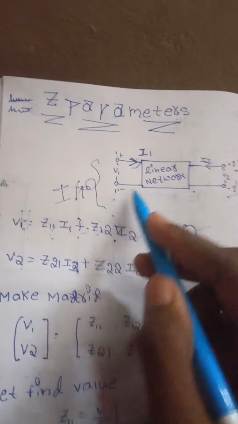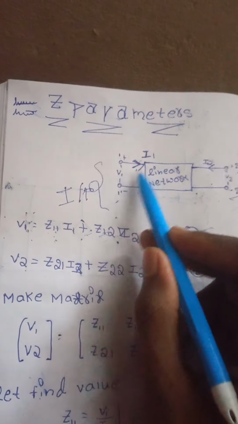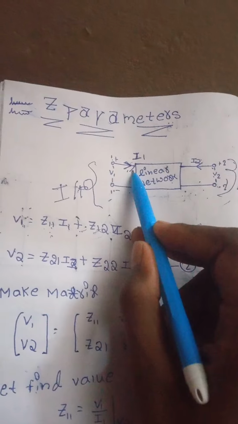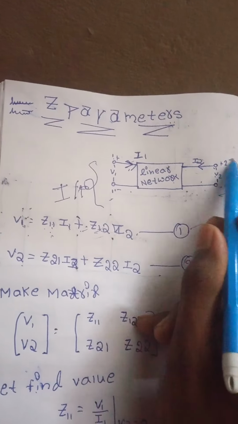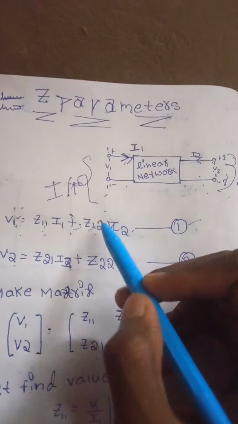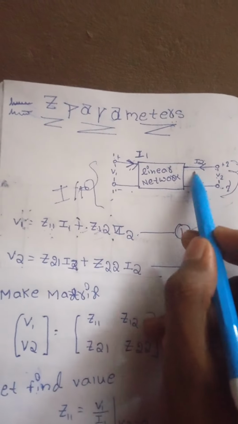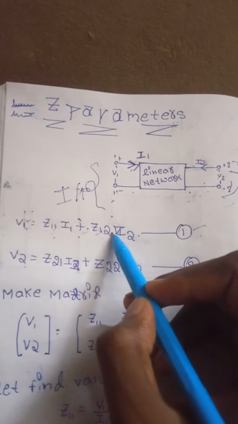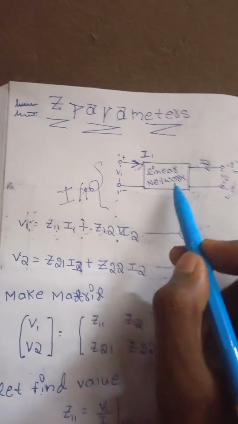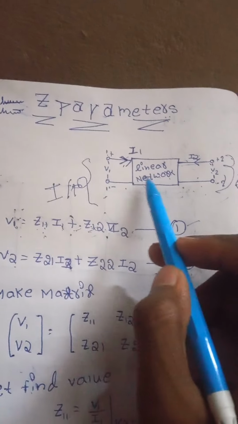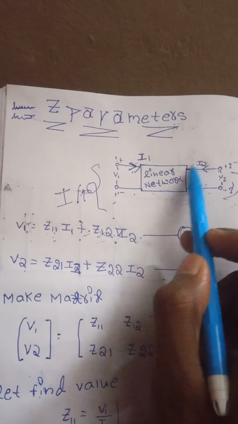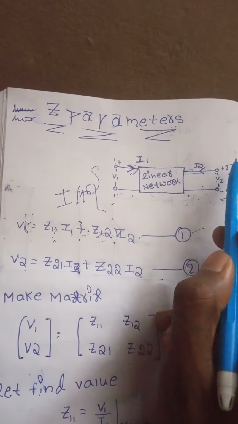Next we add the next term: the input given to the port and the output at the second port, so Z12 times I2. First the input is given to the port of the linear network, and the output is taken at the second port.